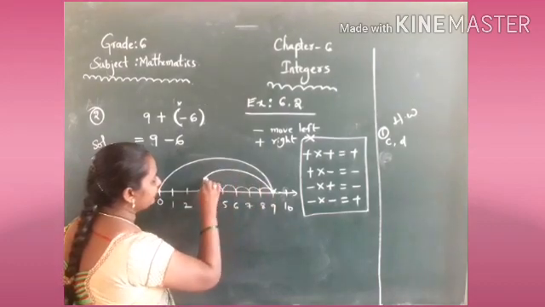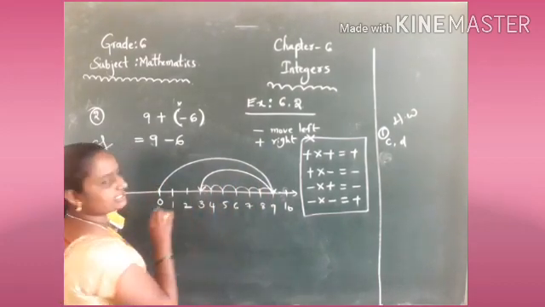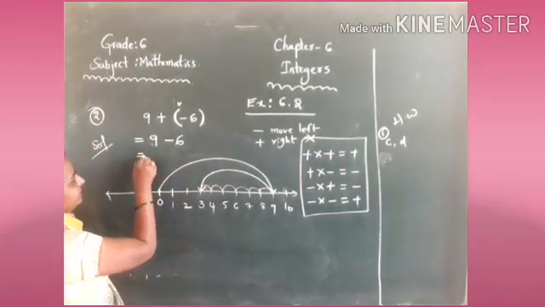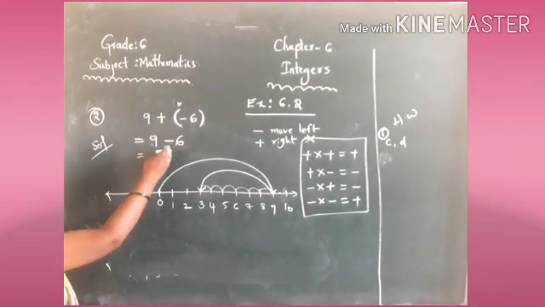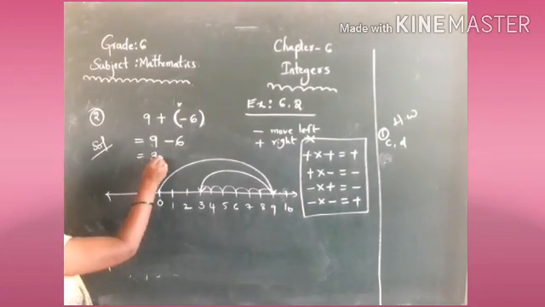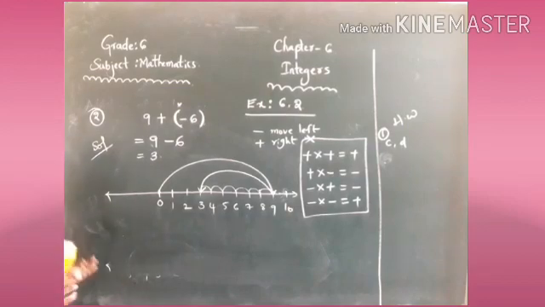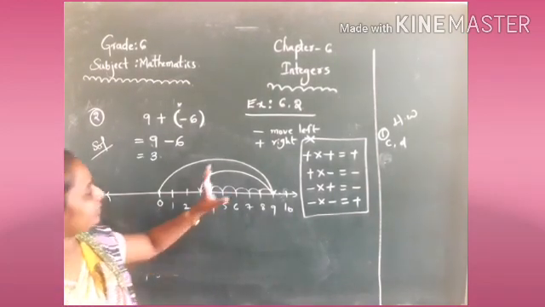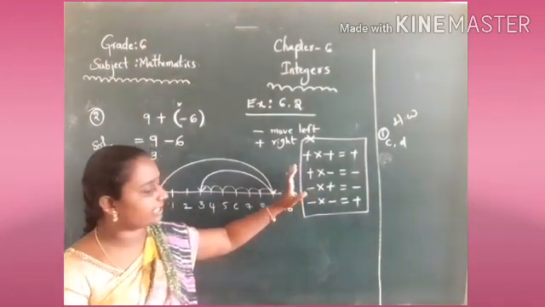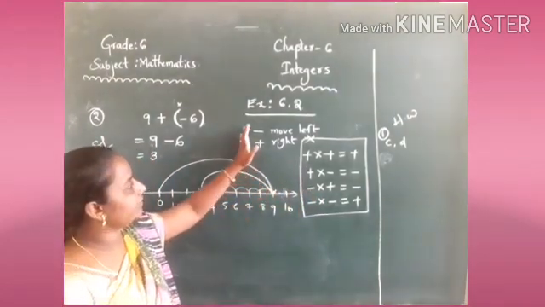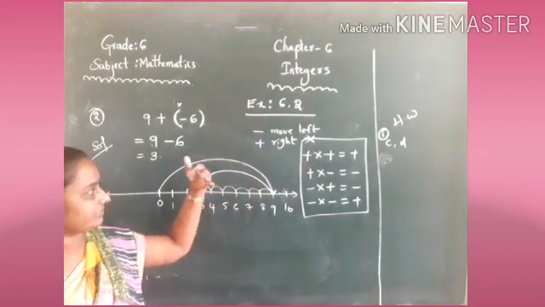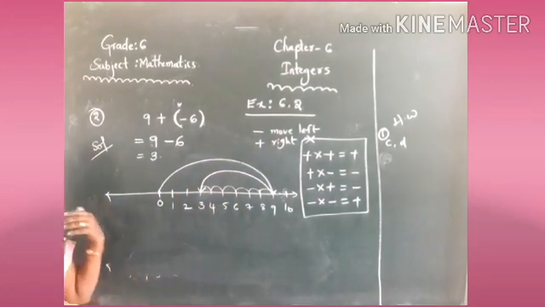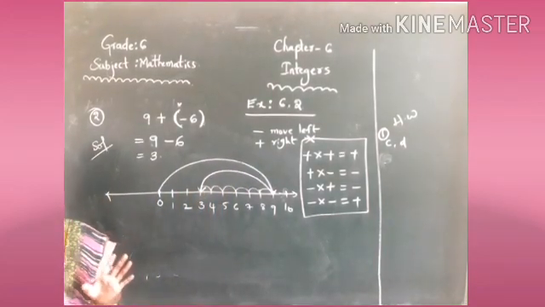So you reach your destination, 3. So what is the value? 9 minus 6 is equal to 3. It is easy, na? Only the thing is, remember the standard operations, and if plus or minus is there, which way we have to move. That you have to remember.